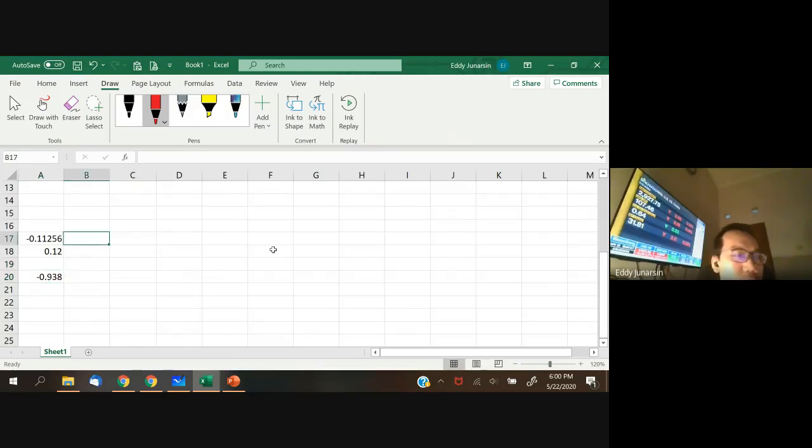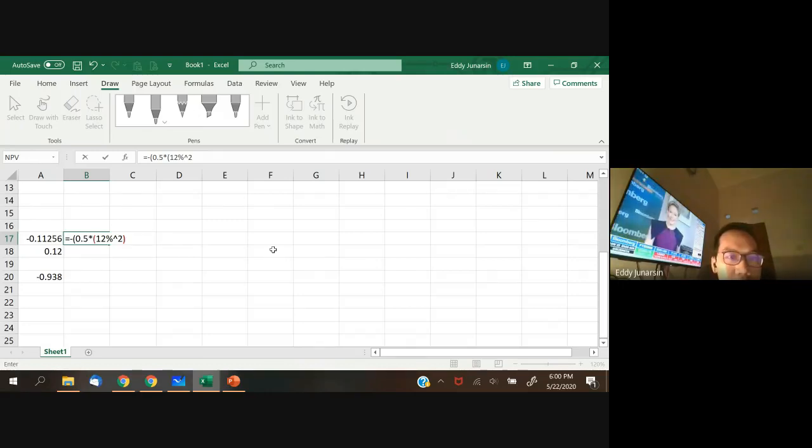So what about H2? Tell me again how to do H2. 0.5 times 12% squared, the variance, times 1. Okay. But now plus the natural logarithm of debt ratio.